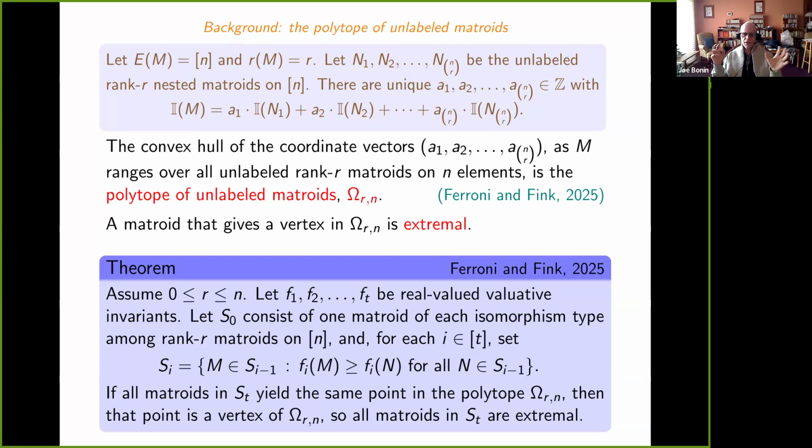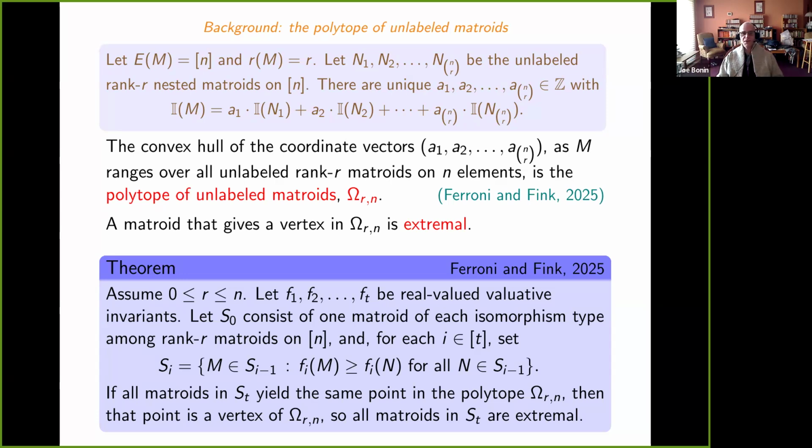And then that gives you a smaller set. Within that, you look at the matroids that maximize your second, and so on. So you're maximizing a sequence of valuative invariants. If in the end, the final trimmed down set either consists of a single matroid or a collection of matroids that all give the same point in the polytope, then that point is a vertex. So those matroids are extremal.